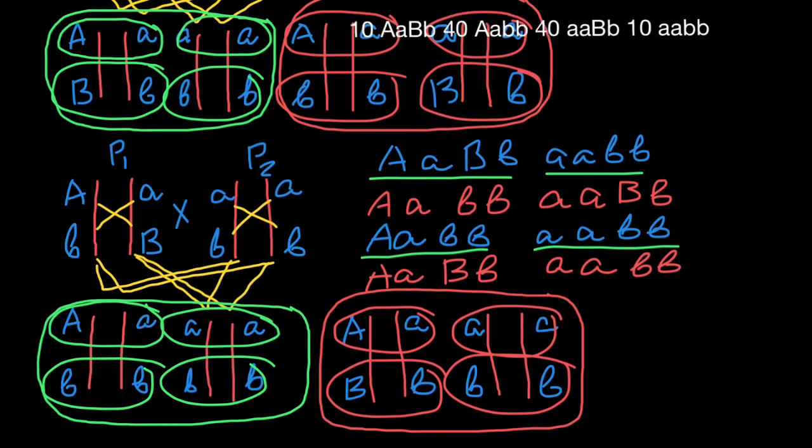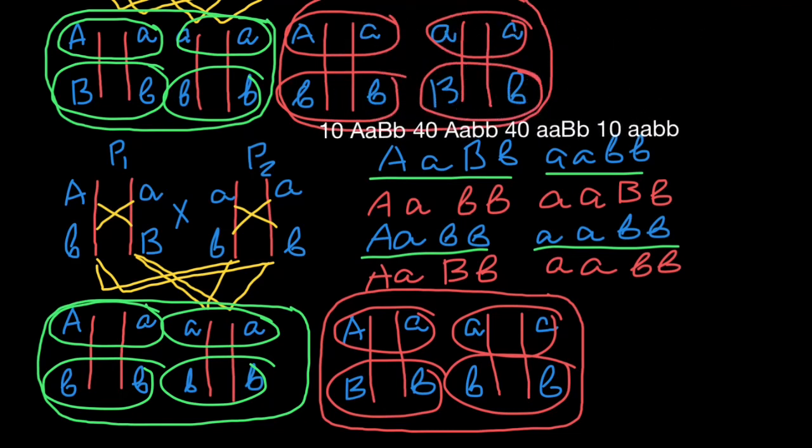Now let's check the frequency of the genotypes, which we were given in our problem. And we see a lot of this genotype and this genotype in a progeny, which stand for the non-recombinants. And take a look. This genotype is the same as here, and this genotype is the same as here.